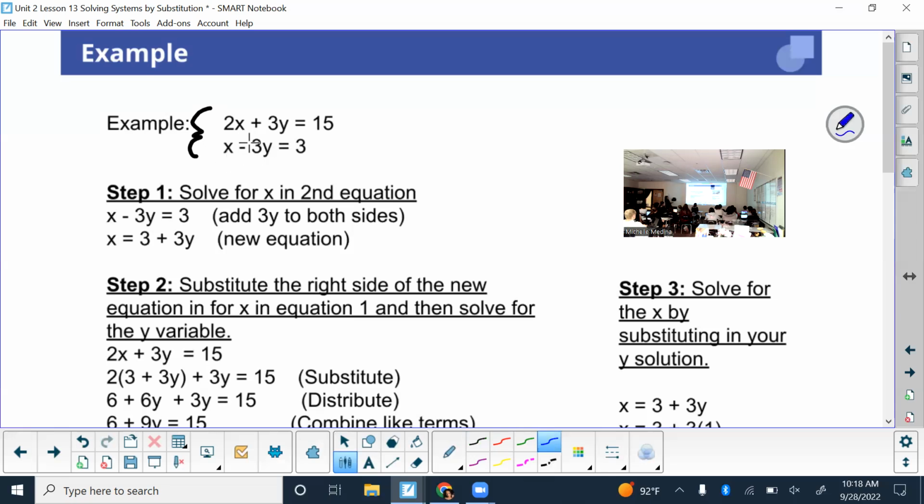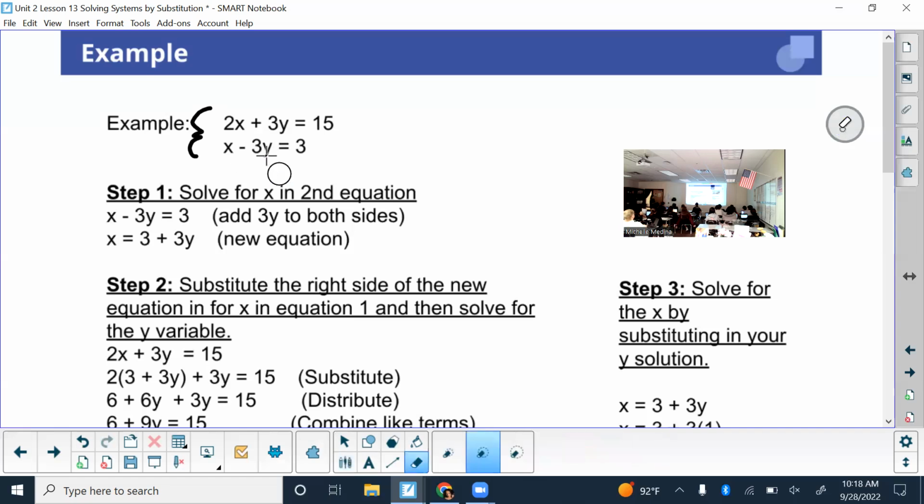I would just have to get rid of the negative 3y. How can I make a negative 3y 0? I would add 3y because it's already negative.